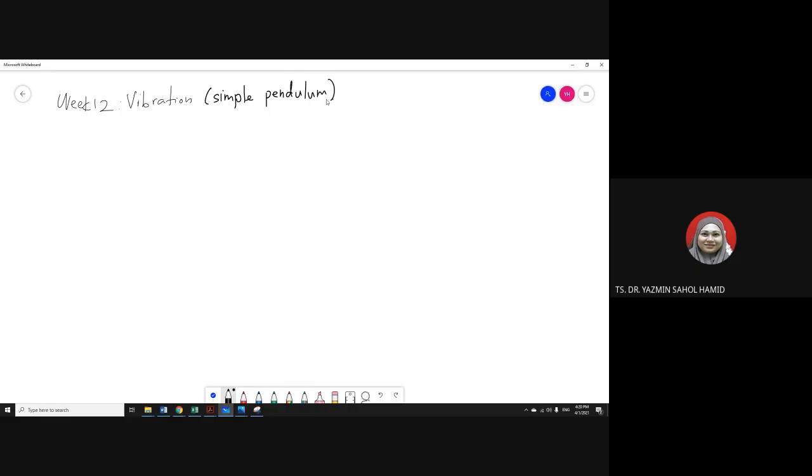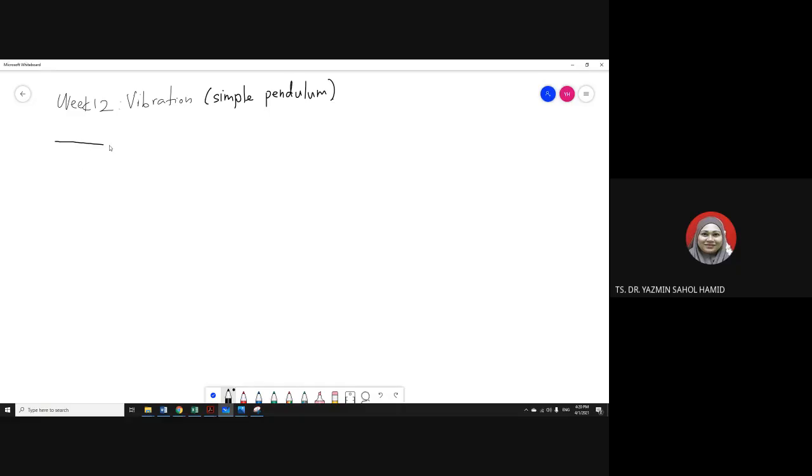Question number 3 has the additional spring. So for today's class, we're going to discuss the theory concept first about the mechanical vibration of the pendulum. We need to understand the theory first, and then after that we can do the final exam questions. So now let's learn about the theory concept first.